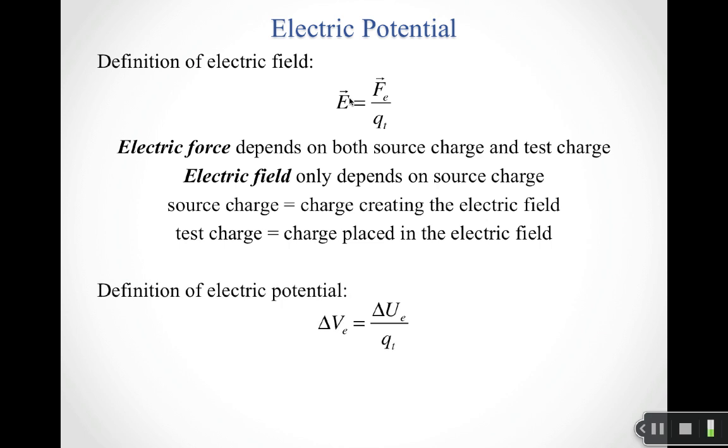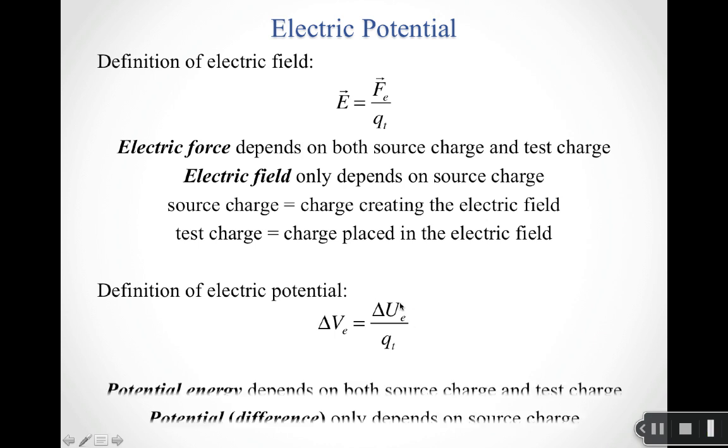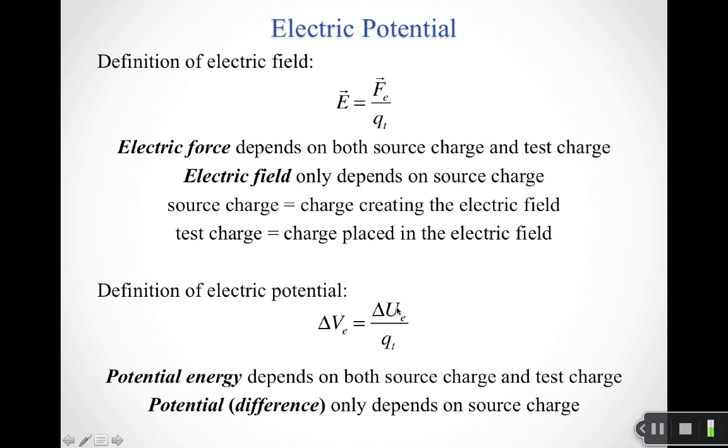We play the same kind of game when we're talking about the electric potential and how it relates to the electric potential energy. So again, the electric potential energy depends on both a source charge and a test charge. For the change in the electric potential, or the potential difference, I'm dividing out the impact of that test charge, so it only depends on the charge that's creating the field.